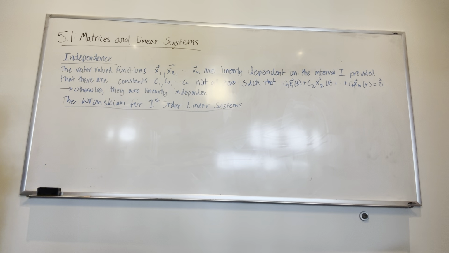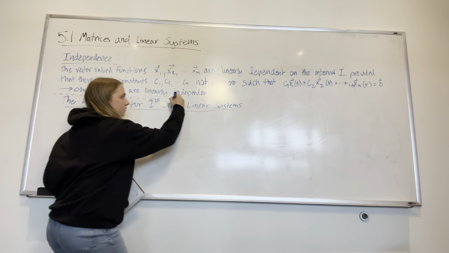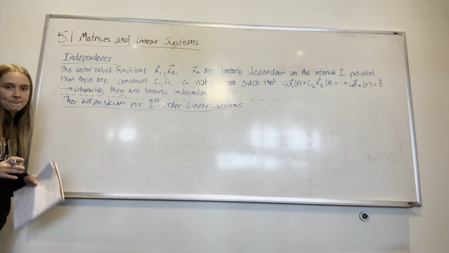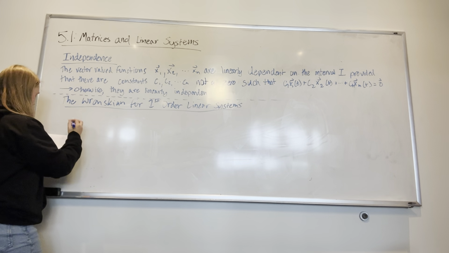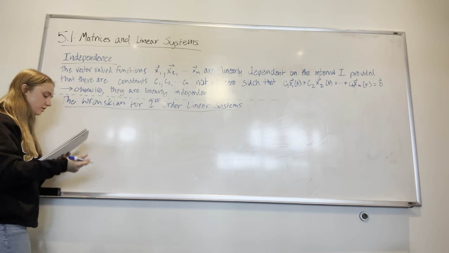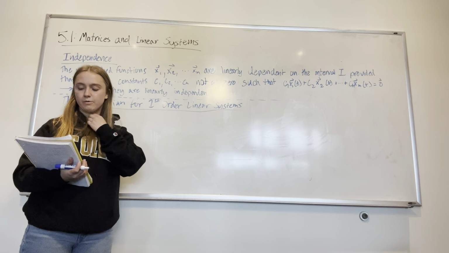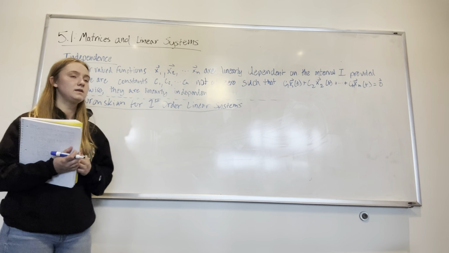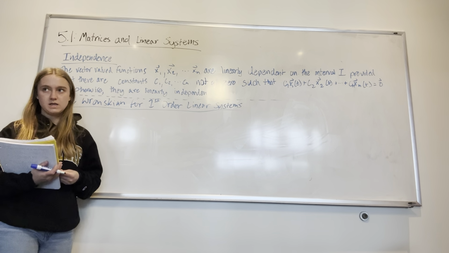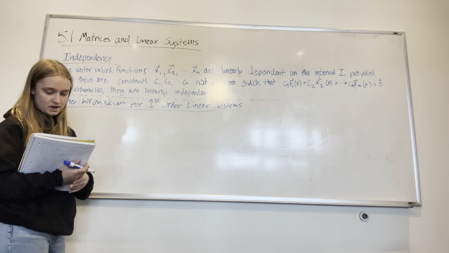So anyway, we're talking about the Wronskian. This Wronskian tells us whether or not the given solutions of the homogeneous equation are linearly independent, which you can make a note of if you want to. Just know that this Wronskian tells us if something is linearly independent or dependent.